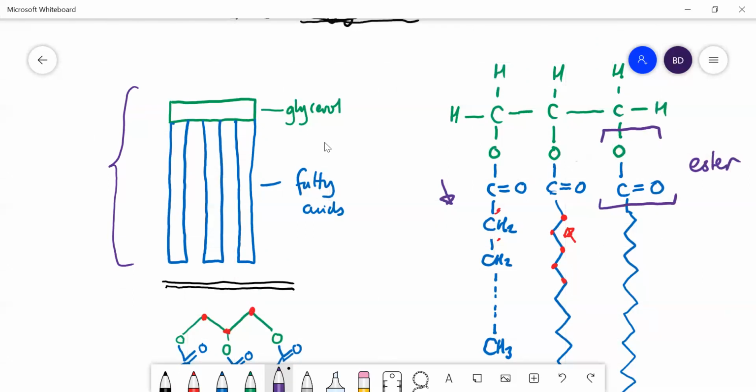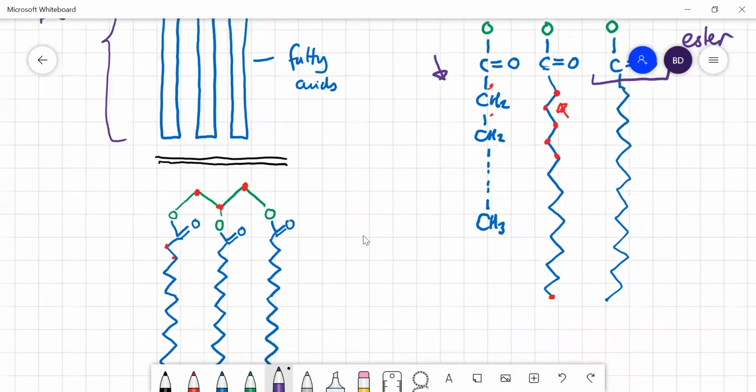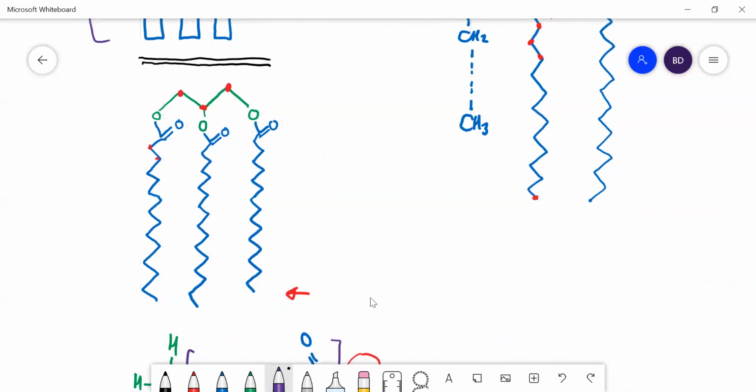When you eat it and take it into the body, you may remember from GCSE that you produce an enzyme called lipase, and lipase causes the breaking of the ester linkages. You've got to add water back, so it counts as hydrolysis. You break those and you get the fatty acids and the glycerol released from the triacylglyceride, or triglyceride. You can call them either.